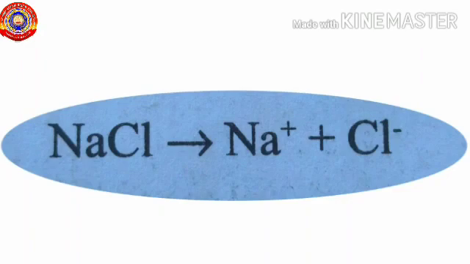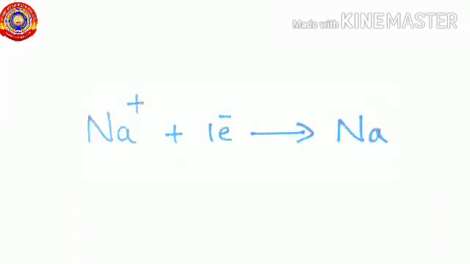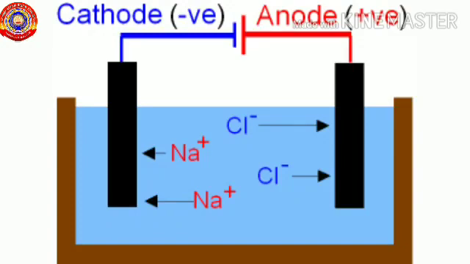The process taking place at the cathode can be written as Na+ plus 1 electron gives Na. Now don't you get a clear idea of the products obtained at the anode and cathode? When molten NaCl is electrolyzed, chlorine gas is liberated at the anode and sodium is deposited at the cathode.